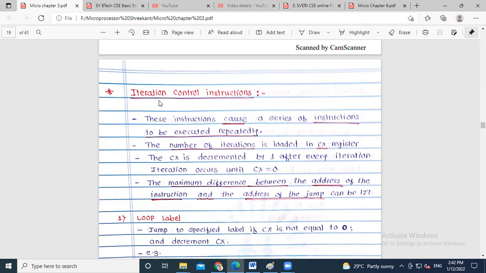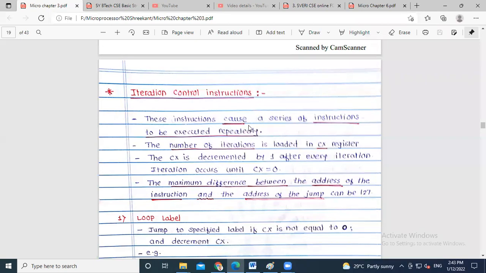In iteration control, iteration means looping. A number of cycles is going to be executed within a loop until it reaches the end point. To reach the end point, that cycle is going to be executed. Those kinds of instructions we call iteration control instructions.